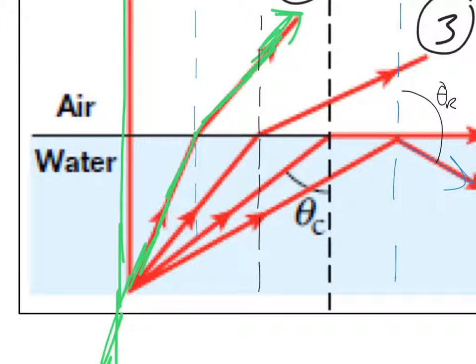Greater than 90. When the angle of refraction is greater than 90, it literally bends back into the surface, into the material. It looks like reflection, actually. It's not reflection. It looks like reflection, though. It looks like it's hitting a boundary and getting bent back in. Okay, it looks like it's hitting the boundary and reflecting off the surface. But it's actually bending so much that it bends back in.